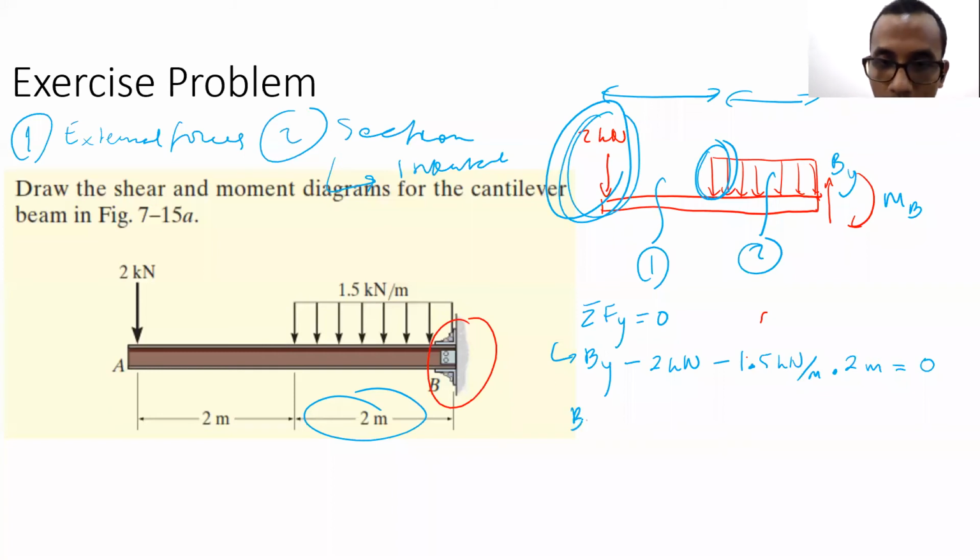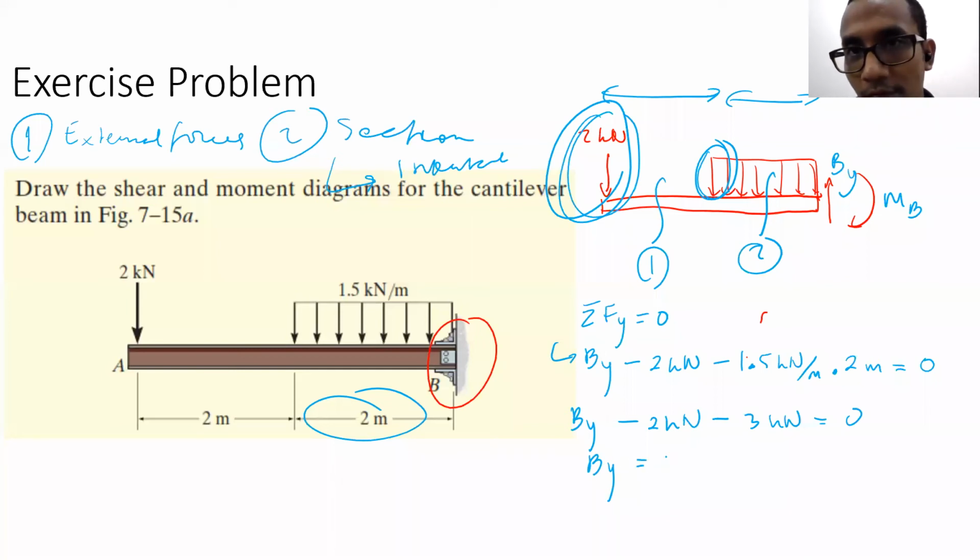Yes, sir. So By minus 2 kilonewton minus 3 kilonewton equal to 0, right? So By there is supposed to be equal to what? What is the value of By? 5 kilonewton. 5 kilonewton. Okay. And now, how about MB? How to find out for MB?